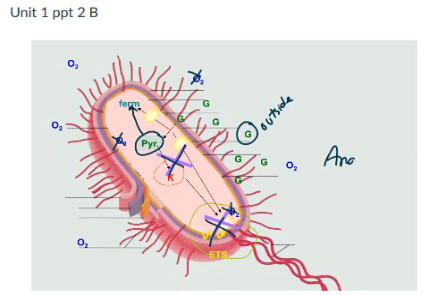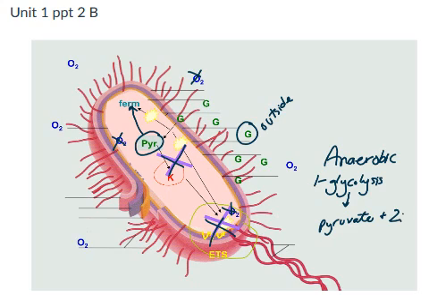So again, as a review, for anaerobic respiration, the first step is glycolysis, where you end up with pyruvate and 2 ATP. Remember the statement, the fate of pyruvate is dependent upon the availability of oxygen. Well, this is anaerobic, and therefore there's no oxygen, so there's no Krebs cycle, there's no electron transport chain.